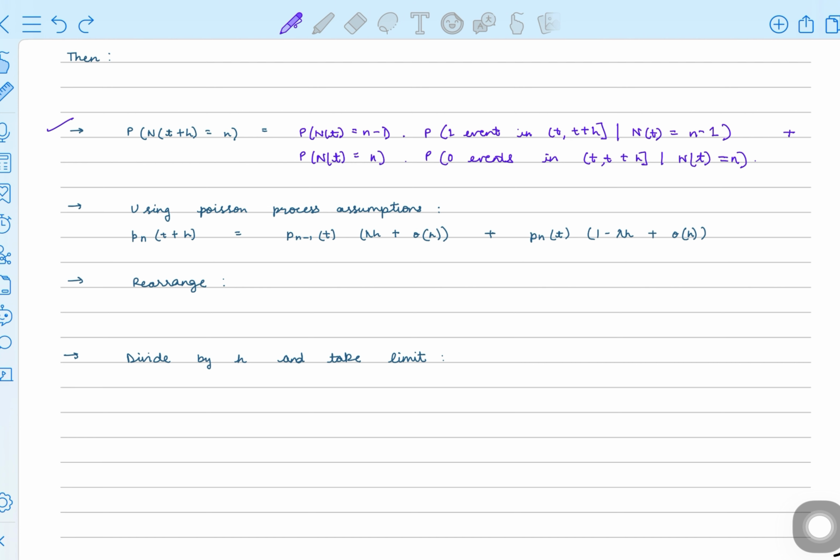This is added to the second case, wherein the probability of the number of events occurring in the time interval t is n, and no events occur in this time interval, given that the number of events in t is equal to n.